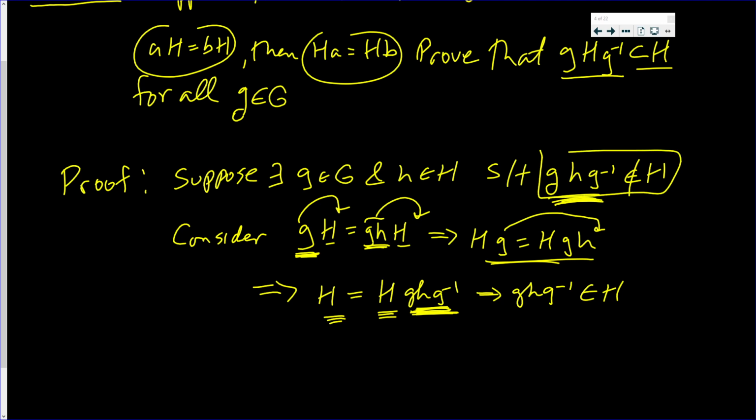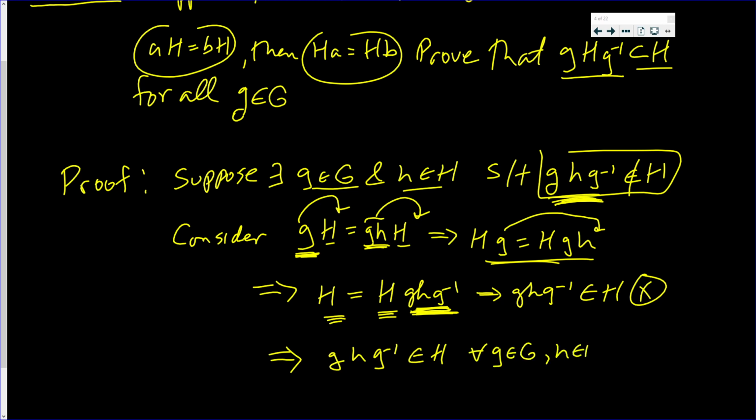We said that there does exist a g and an h such that gHg inverse was not in H. Oops, I was wrong. That implies that gHg inverse is an element of H for all g in G, h in H.